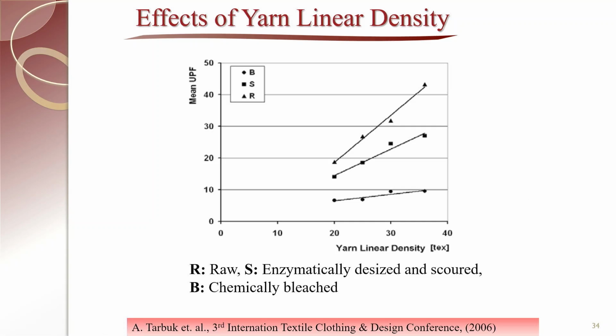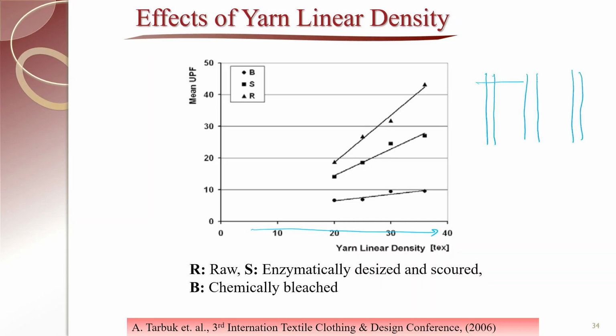So, let us see the effects of yarn linear density. Here, as the yarn linear density in tex increases, keeping other parameters constant, the diameter is increasing. The ends per inch, the thread density, is kept constant.